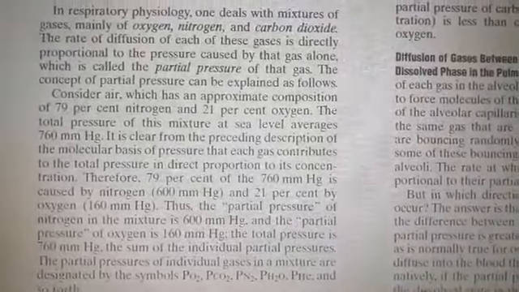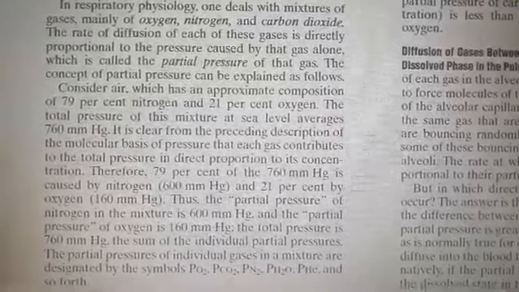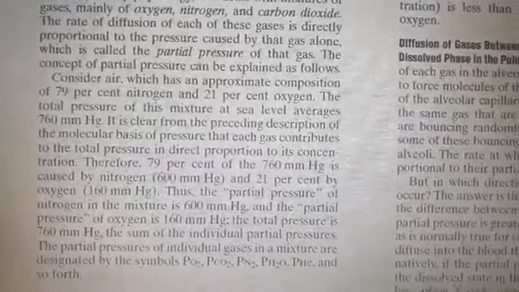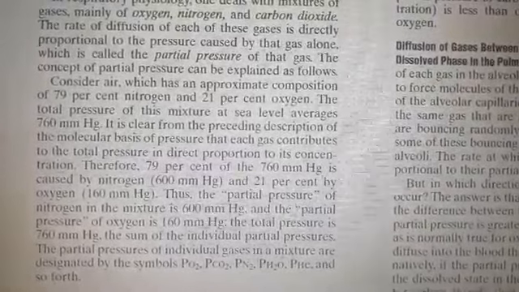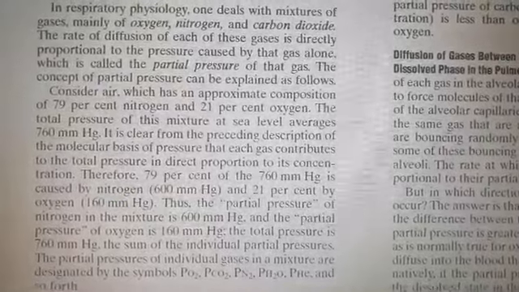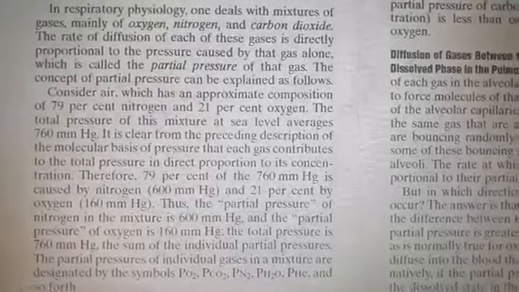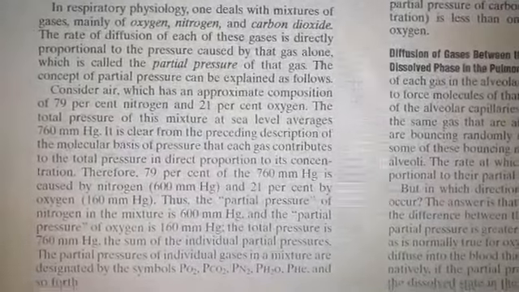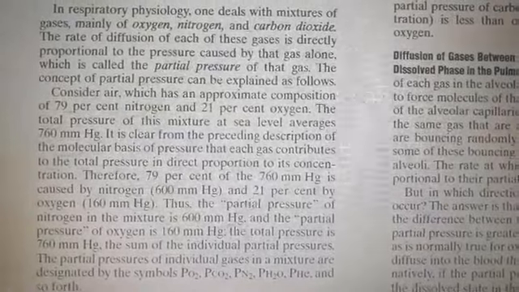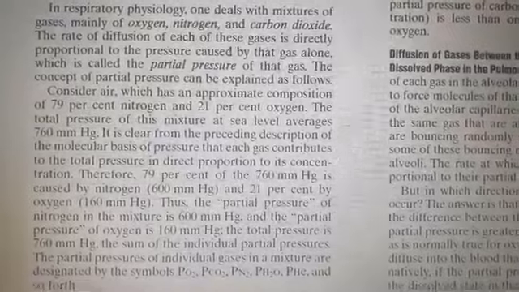So at sea level, the pressure is 760 millimeter of mercury, and out of 760 millimeter of mercury, 79% is contributed by nitrogen and 21% is contributed by oxygen because of their percentage.